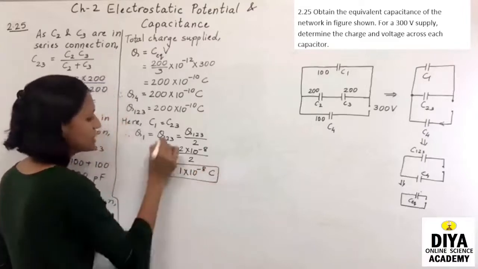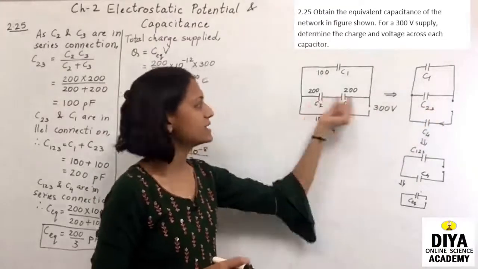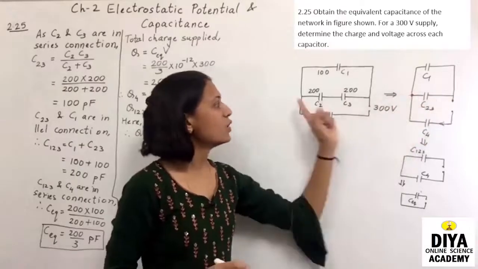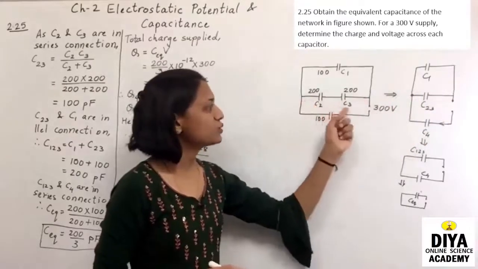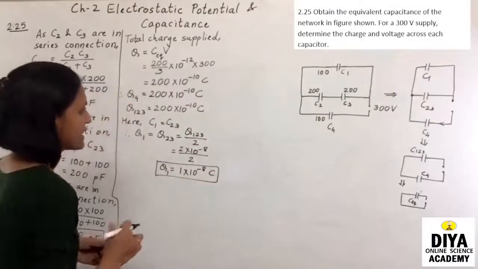अब Q23 जो है वो एक्चुअली किससे बना, C23 किससे बना, C2 एंड C3 से. तो Q23 इस ब्रांच में जाएगा, वो इधर ही जा रहा है ऐसे हम समझ सकते हैं. तो मतलब C2 और C3 दोनों सीरीज में हैं, इसलिए इतना ही चार्ज मिलेगा.